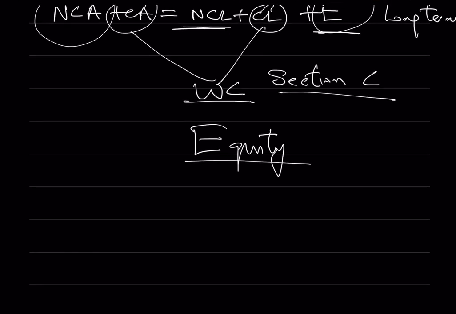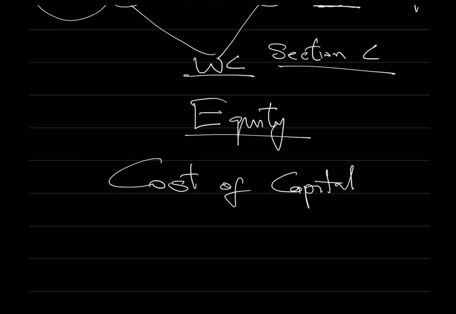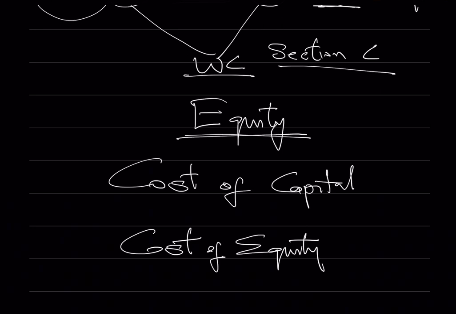But today we want to look at cost of capital. And as you know, capital can be either equity or debt. So we want to start with cost of equity. This video will look at cost of equity. That is what we want to look at today.